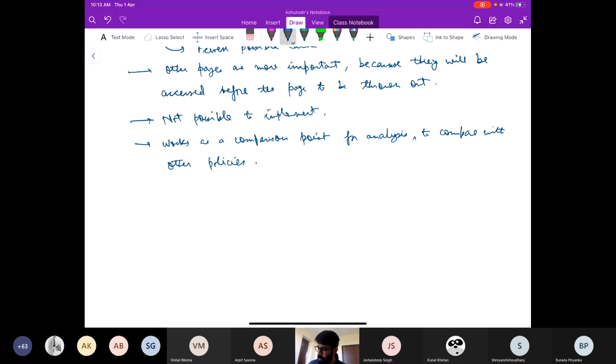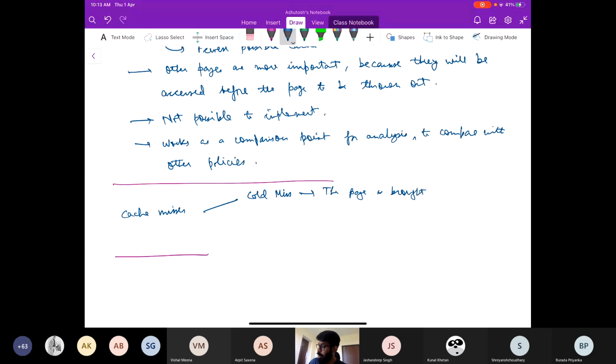Just before that, an aside: there are two kinds of cache misses. One is called a cold miss. What is a cold miss? A cold miss is when the page is brought in for the first time.